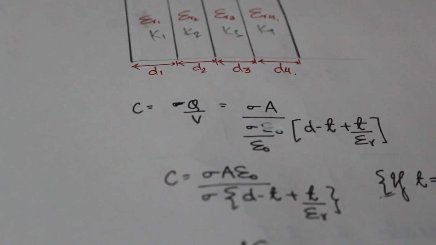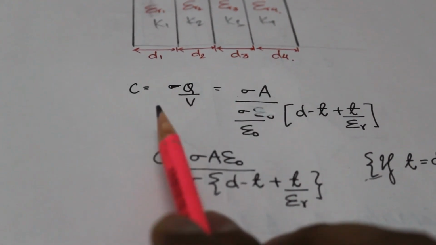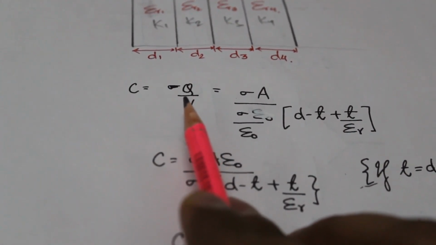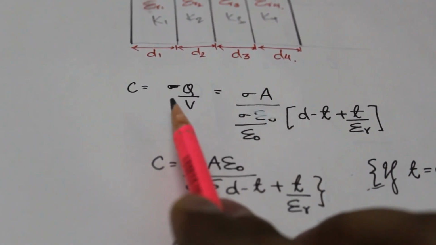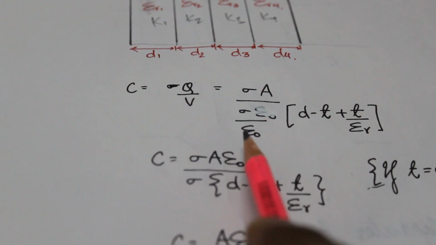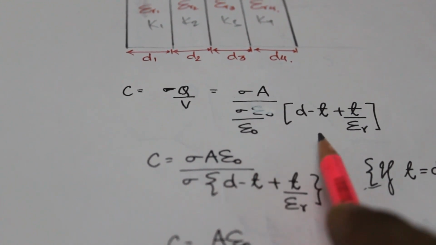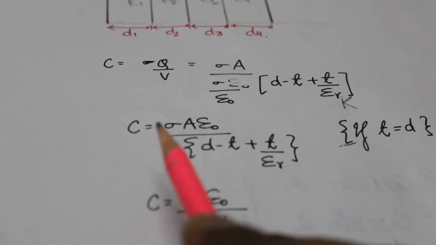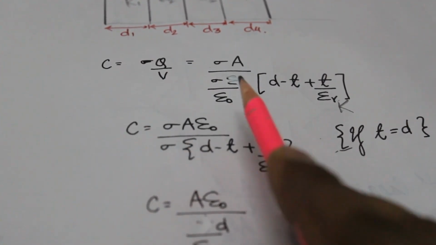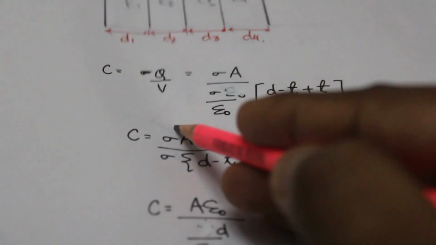We know that C is given by Q upon V, Q is given by sigma into A, whereas V we have already discussed is given by sigma upon epsilon naught, into d minus t plus t upon epsilon R. You can write K over here as well. On solving, sigma will be cancelled out.